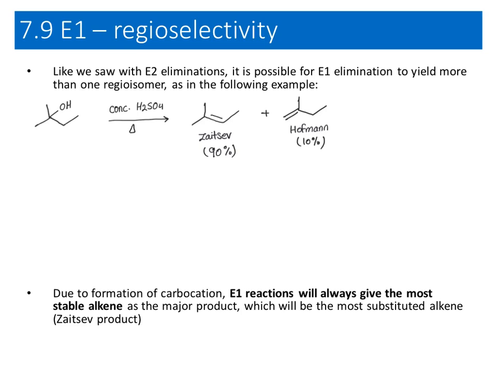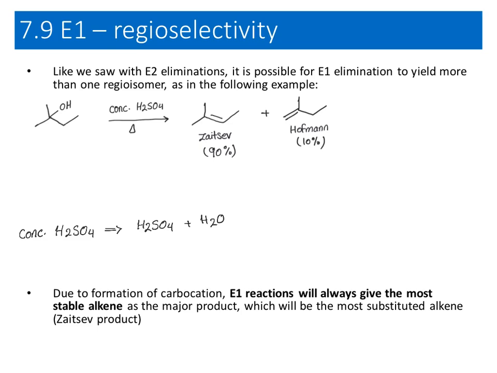Before I talk about the mechanism for this reaction, let's talk about the concentrated sulfuric acid that we are using. So concentrated sulfuric acid is actually a mixture of sulfuric acid and some percentage of water. So when we say concentrated sulfuric acid, that doesn't mean we have 100% acid, because it's going to be very dangerous.